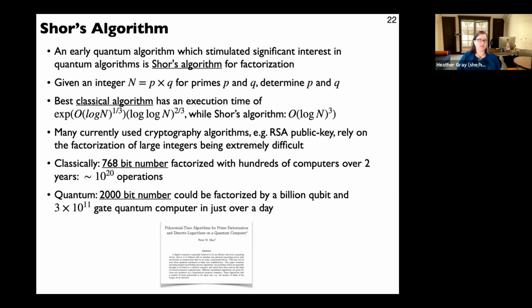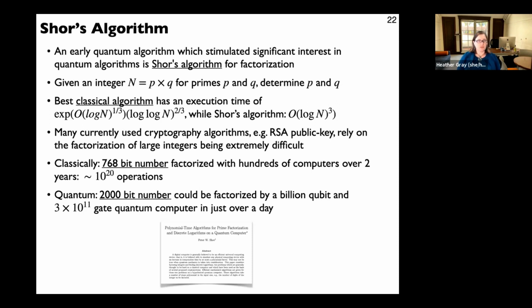Now, the way that it works is you're trying to solve a very simple-to-state problem: if you're given an integer n, which is equal to p times q, where p and q are primes, you want to determine what p and q are. As n gets large, this becomes very difficult and very slow.